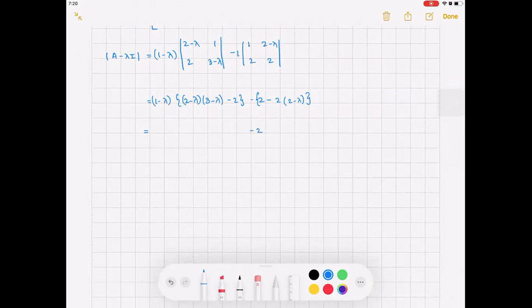Taking minus 2 outside, I'm getting 1 minus lambda. Okay, so I just need to copy this down.